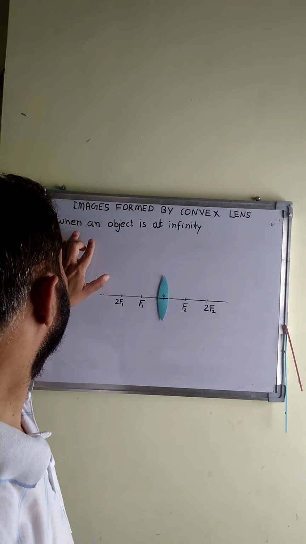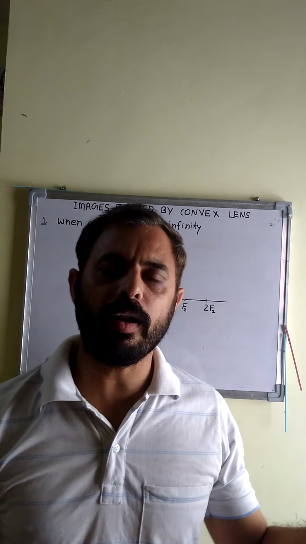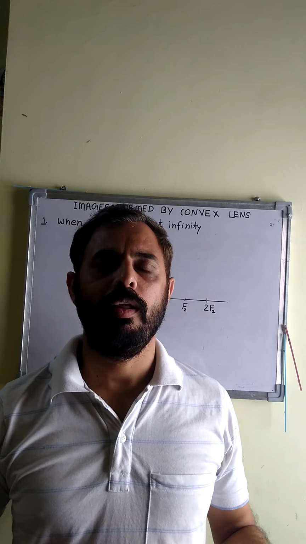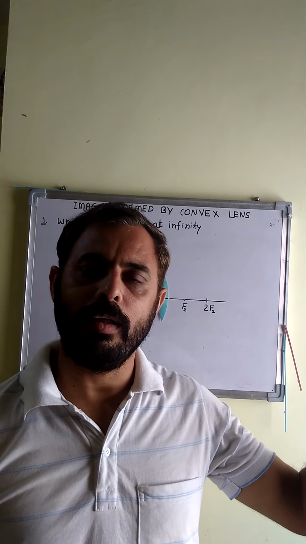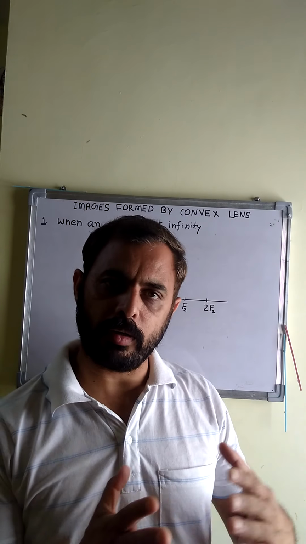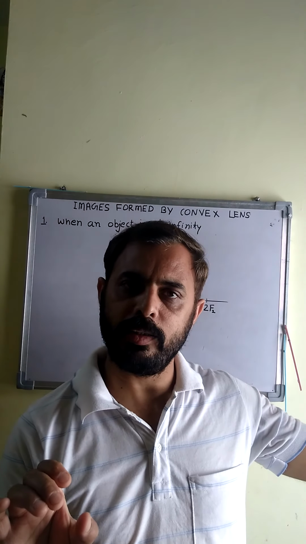The first is when object is at infinity, means object is far away from lens. One example can be considered about it. Object is sun and we are holding a convex lens on earth. So this distance between earth and sun, the sun is a source of light and we are holding lens on earth.